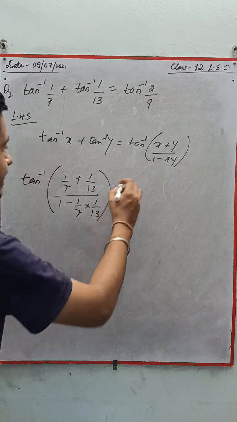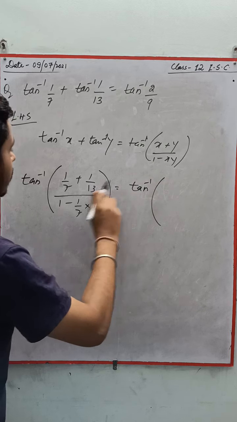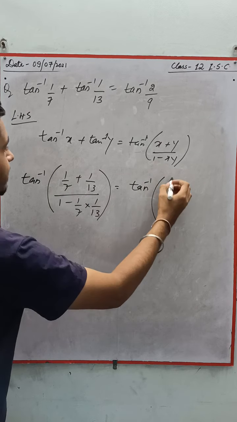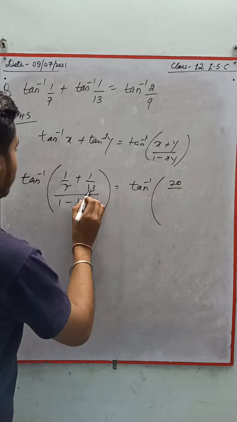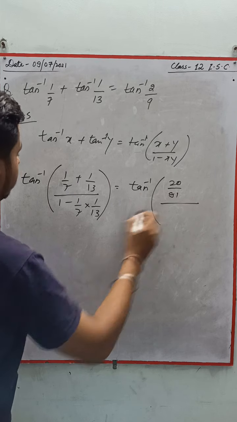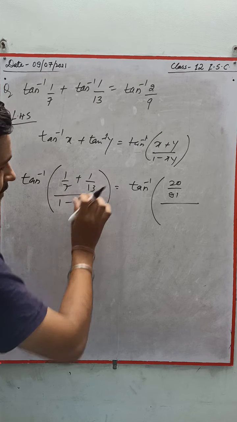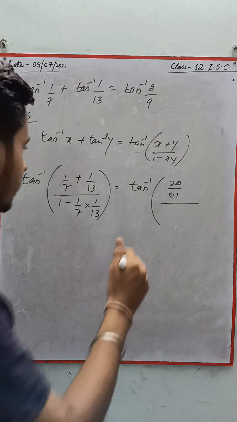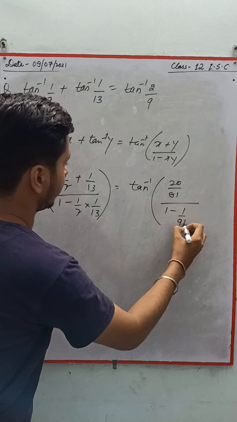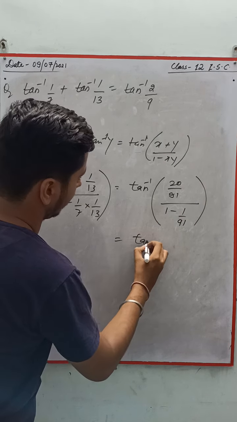Now take the LCM here. So it will be 13 plus 7, so it will be 20 upon 13 into 7, which is 91. Here also 1 by 7 into 1 by 13 will give you 1 upon 91, which is 1 minus 1 upon 91. I hope you have understood.